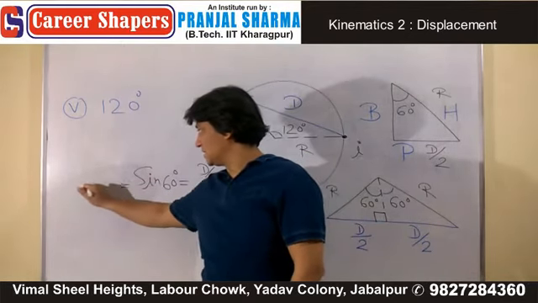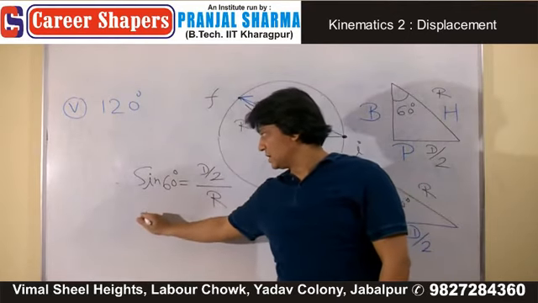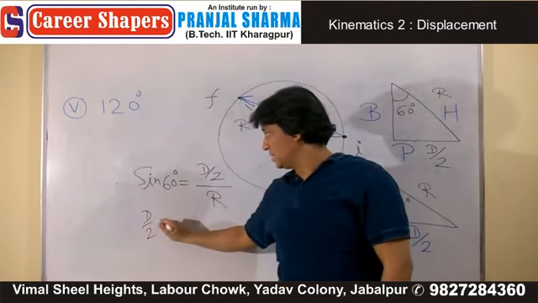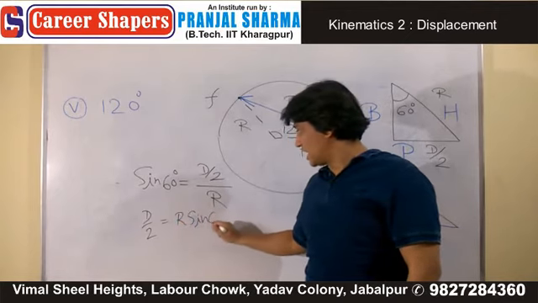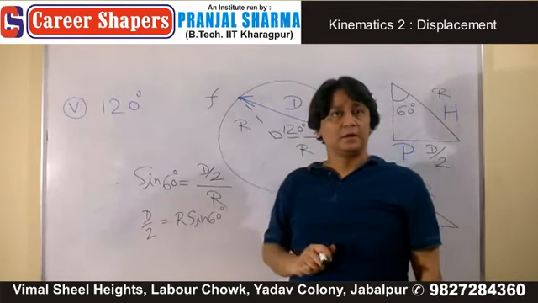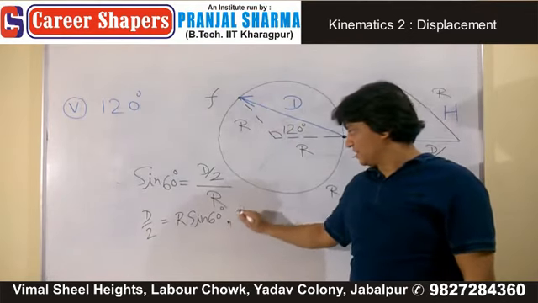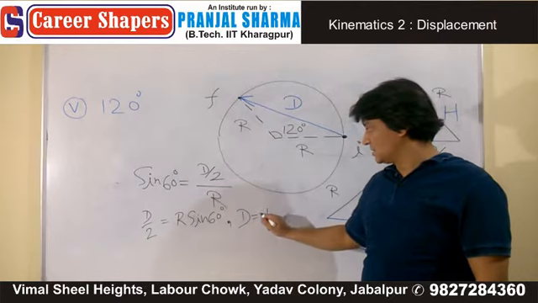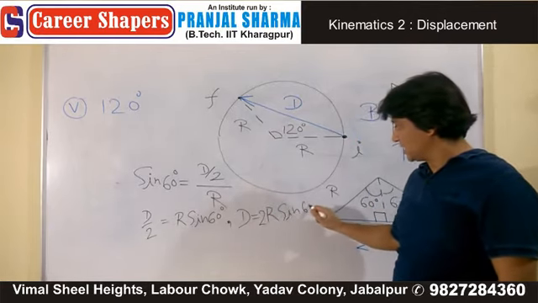Let's write down this way. This is now d by 2 is r times sine of 60, which gives us d as 2r sine 60.